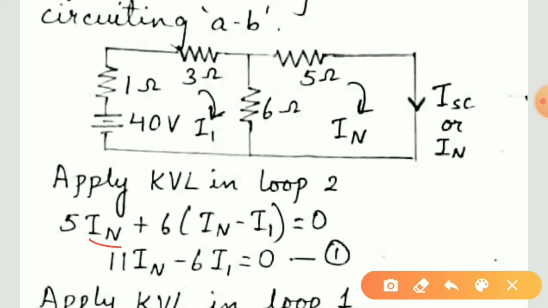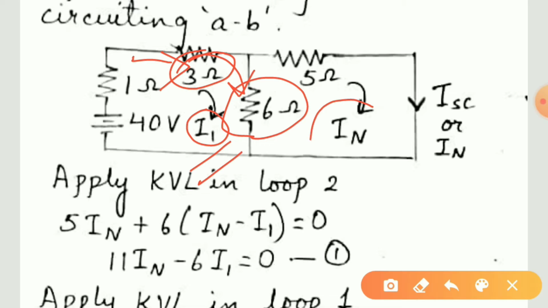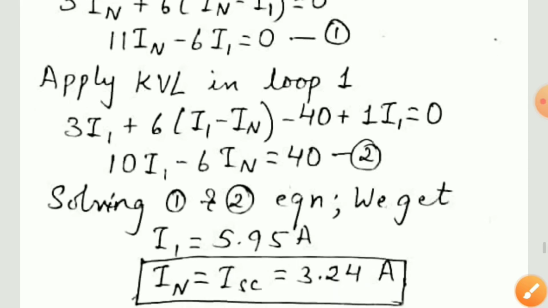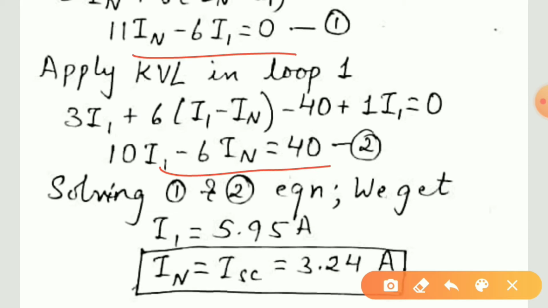For loop 1, we can get equation by applying KVL as 3 into I1 plus 6 into major current I1 minus neighboring current IN minus 40 plus 1 into I1 is equal to 0. So we have two KVL equations for the circuit. On solving these two equations, we can obtain value for IN or short circuit current as 3.24 amp.